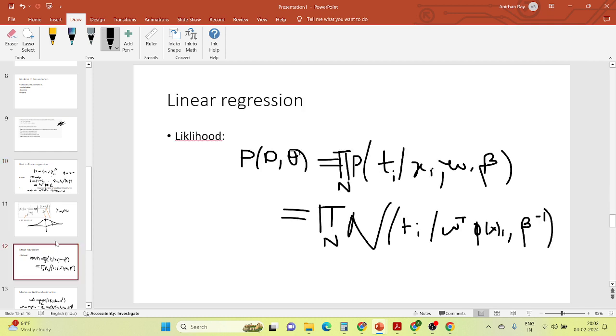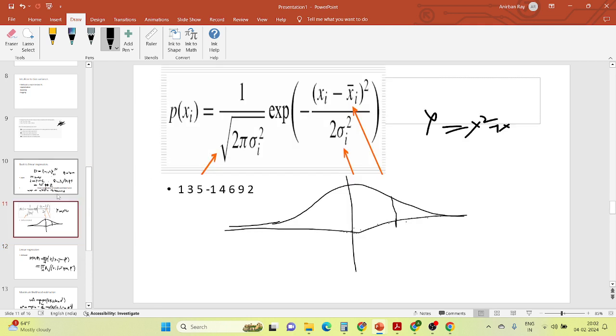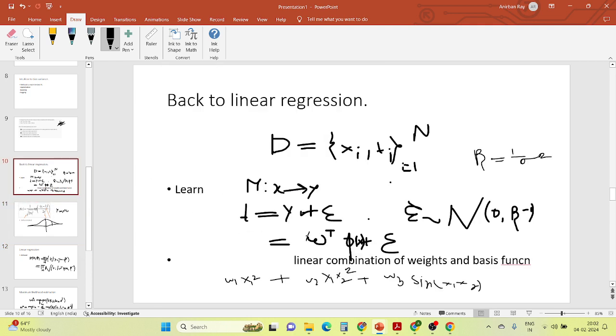As you can understand, here this w transpose x, this y is distributed normally, that is, the y values are in Gaussian distribution. And this noise is also Gaussian distribution.